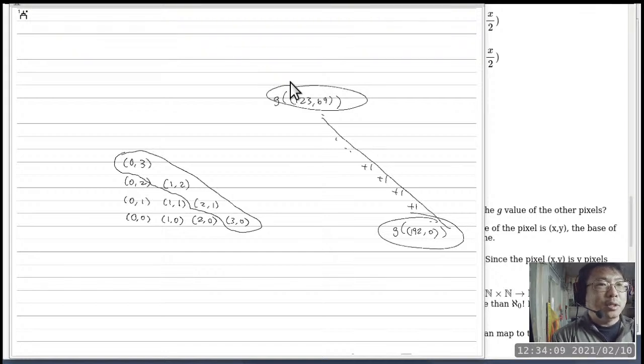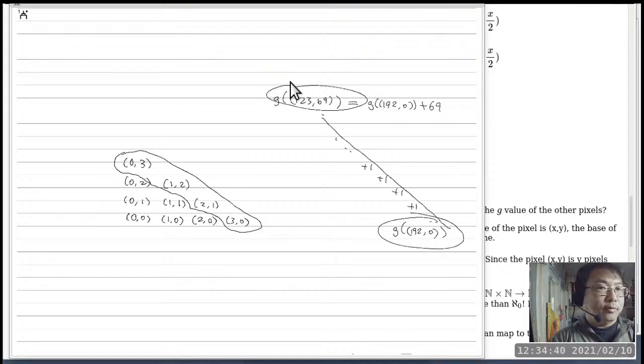In other words, the y coordinate is how much we need to add to the g value of the base of the diagonal line. So that means, in this particular case, the g value of 123.69 would be the g value of 192.0 plus the y value, which is just 69 itself.